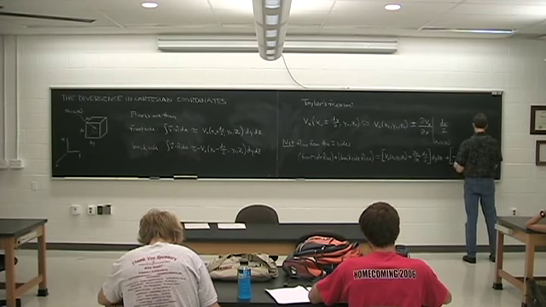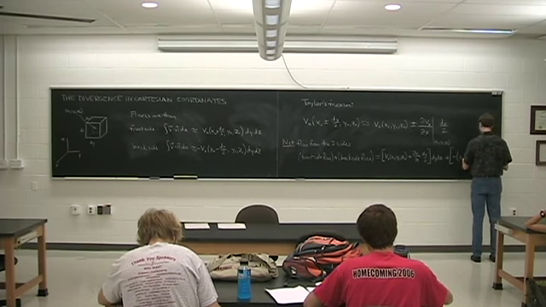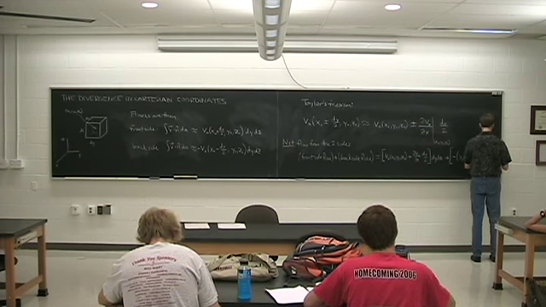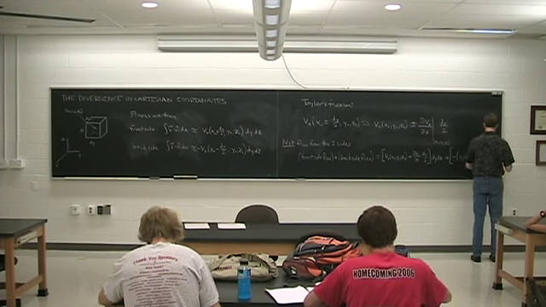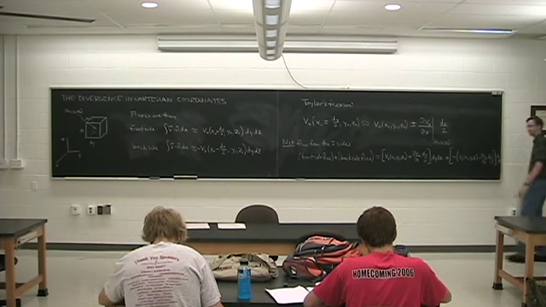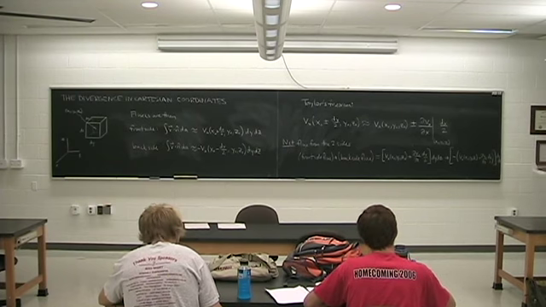So we add minus v sub x of x naught, y naught, z naught, minus dvx dx times dx over 2, times dy dz.